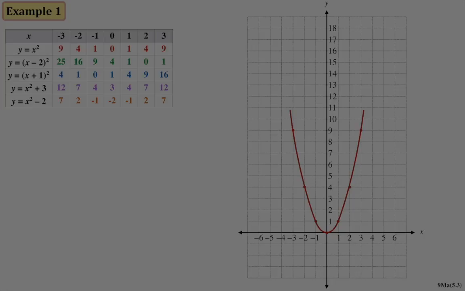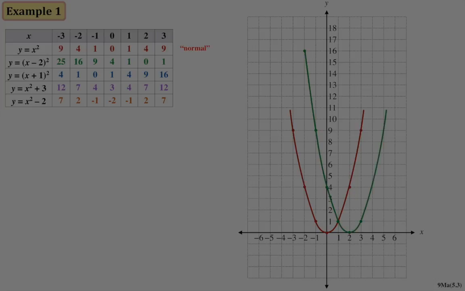Now that's your basic parabola, y equals x squared. You'll notice when you get to the second parabola that minus 3 comma 25 is a point. And I don't go up as high as 25, so we just won't bother plotting that point. It's too high and it doesn't matter. So we'll start with minus 2 comma 16, and the next one will be minus 1 comma 9, and so on, and we plot those points.